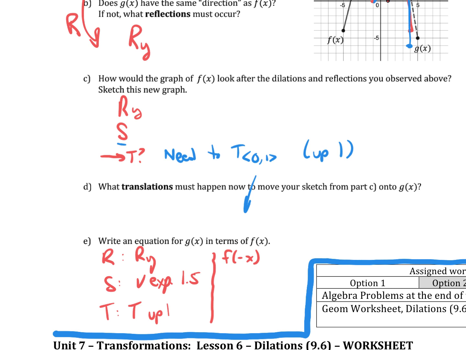I hope I did that right. I always get that wrong. Vertical expansion by itself, to vertically expand something by that much, I need to take 3/2 out front times f of x. And to translate up by 1, I would take f of x and add 1. So putting all that into one code, I have to do this: 3/2 f of -x plus 1. I believe that's it. Okay, that's all.